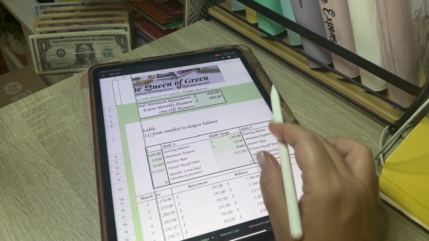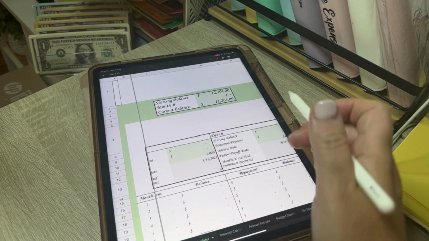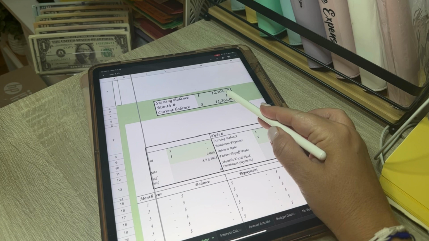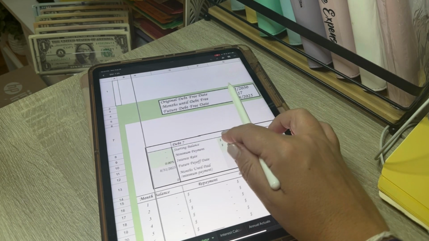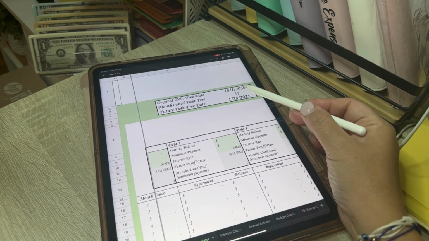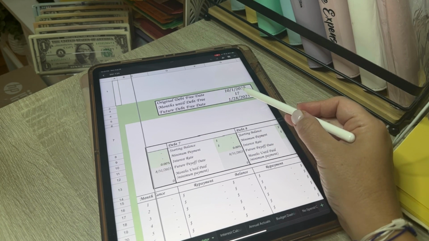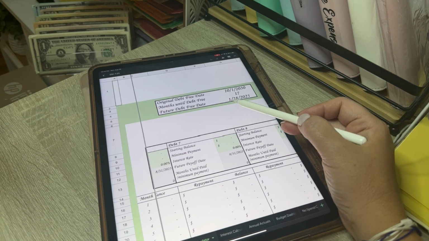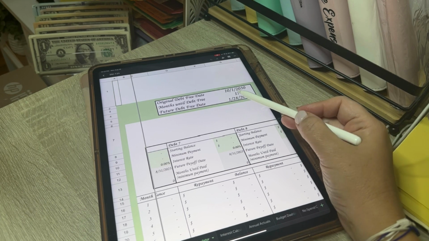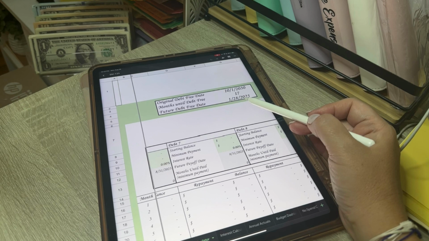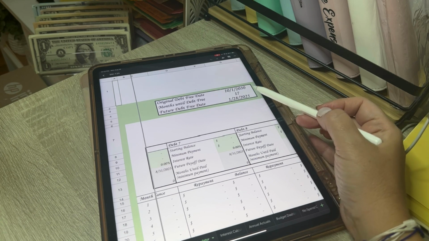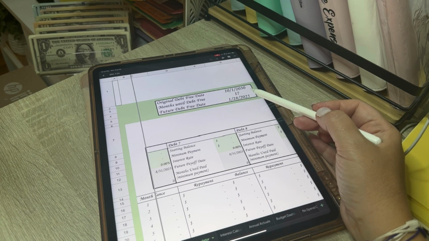By adding an additional $400, that's going to take her $12,100 worth of outstanding debt, and it's going to drop her from her original debt-free date of October 2030 to January 2025. Which is 17 months. So she'll be able to pay off all of her debt in 17 months and save herself almost 4 years and a few months.